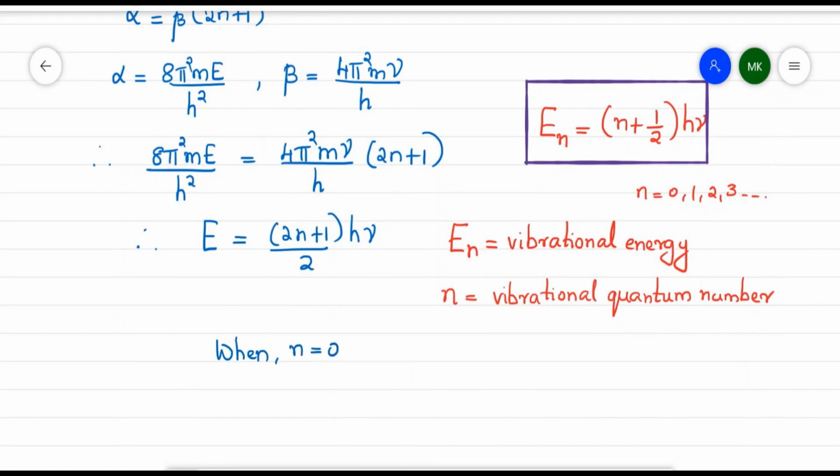Now when n equals 0, we get E0 equals half h nu, and this is called the zero-point energy of the system.